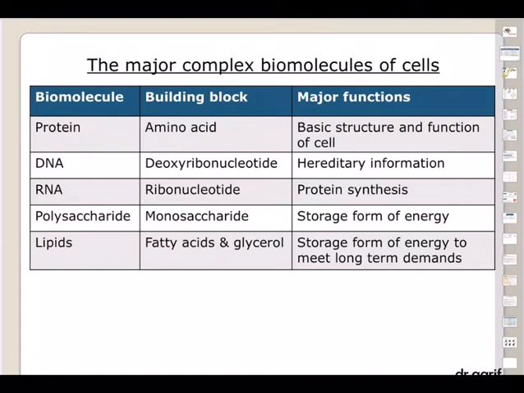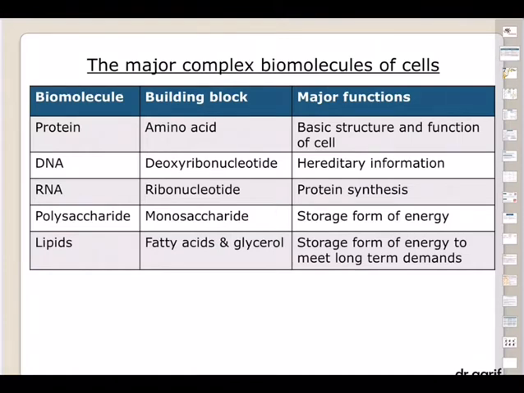Proteins, of course, the building block is amino acid. That means one amino acid plus one amino acid together will make a protein. And major function, all of you know, without proteins, they are building blocks of the cell. Without proteins there is no construction of cell at all. So the major function of protein is cell construction.